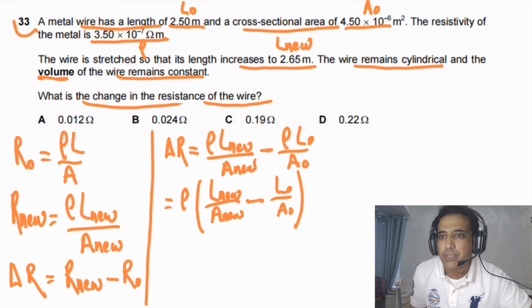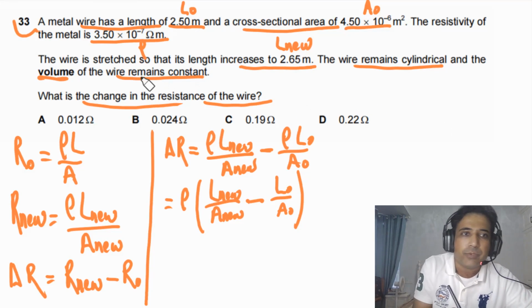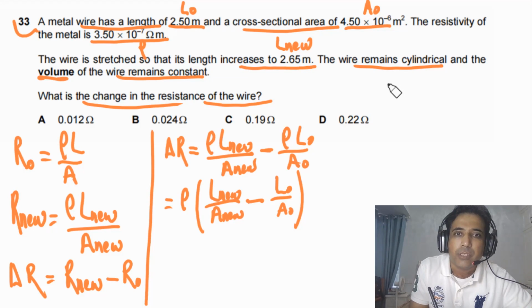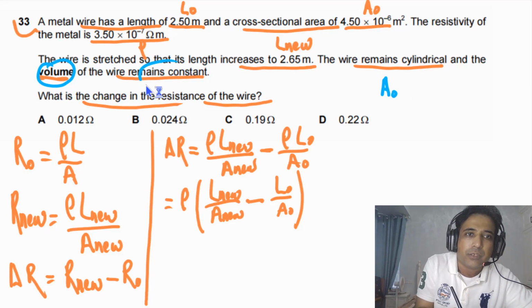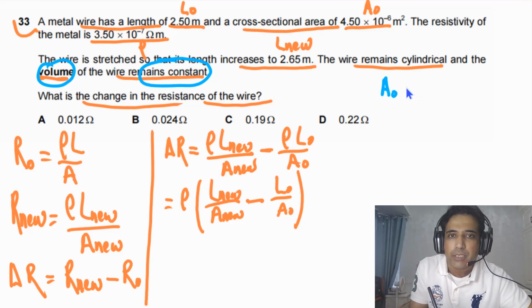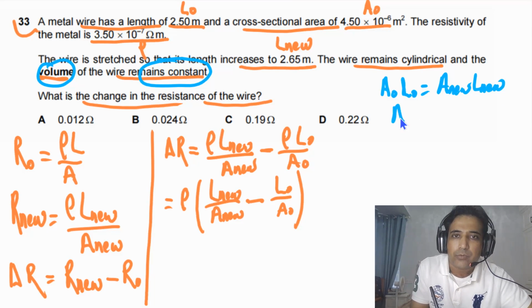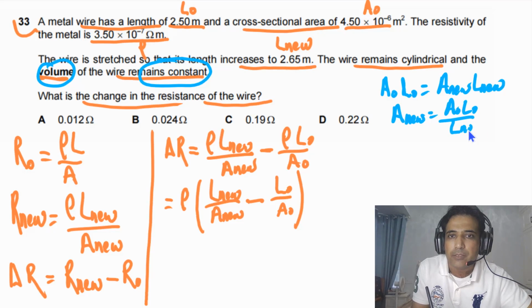In order to find A new, it is given that volume remains constant, so A naught L naught has to be equal to A new L new. From here we can calculate A new, which is equal to A naught L naught divided by L new.